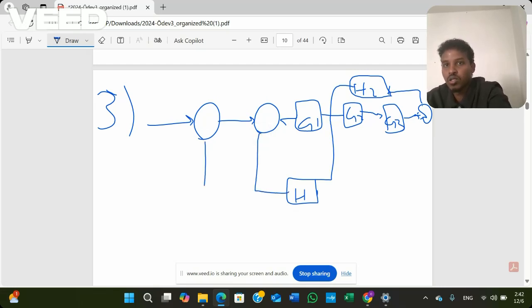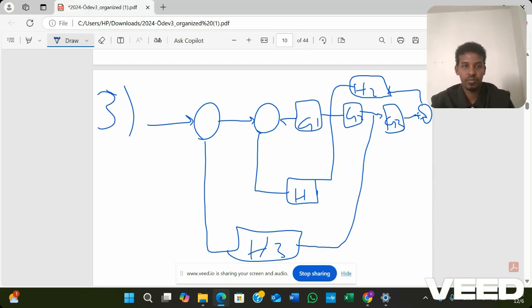And this will be H3. H3 will go to G2 and G3. I'll look at this question to simplify the block diagram.